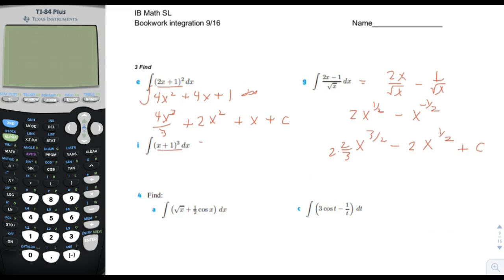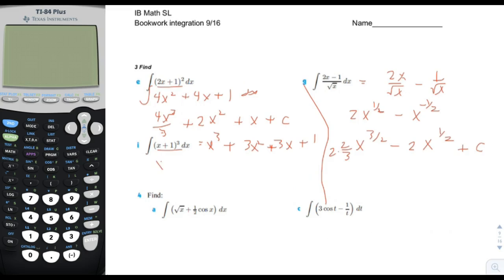Now what about this one? This one, we don't do FOIL. We have to do like a Pascal's triangle expansion here, right? So these are our coefficients, and the first one's going to be x cubed, and the next one's going to be x squared, and the next one's going to be x, and they're all plus. Okay.